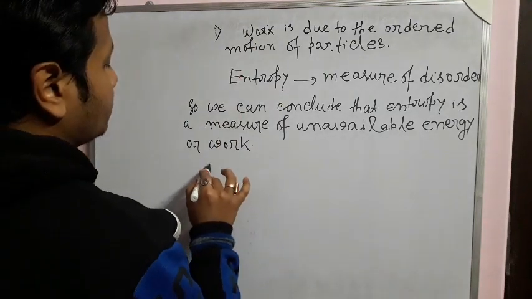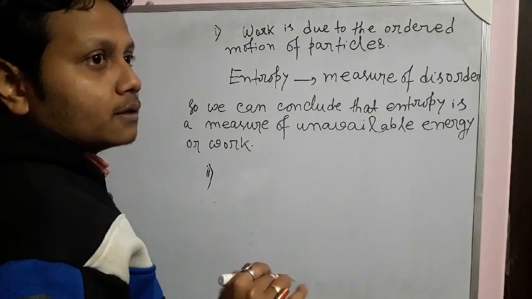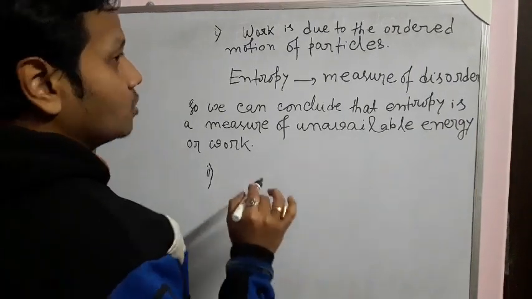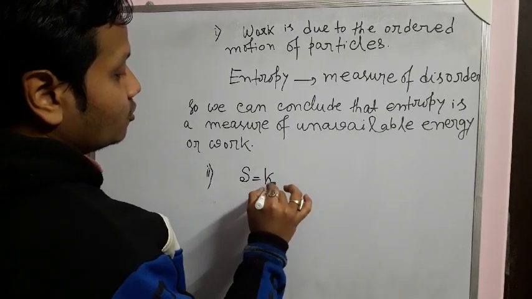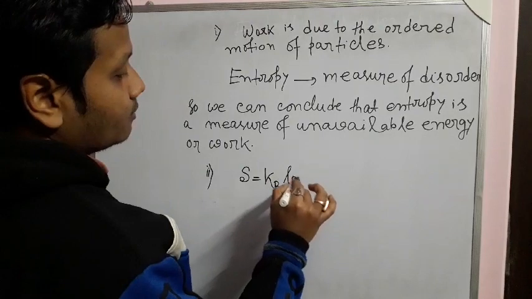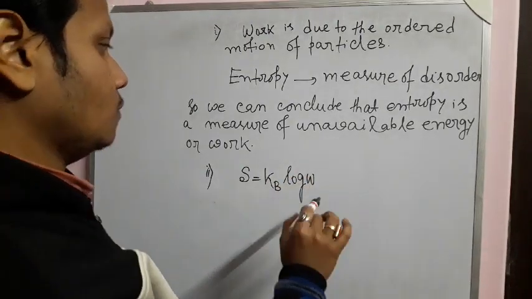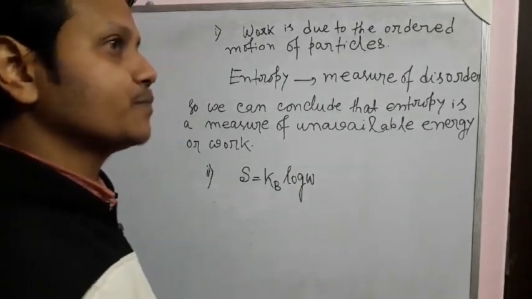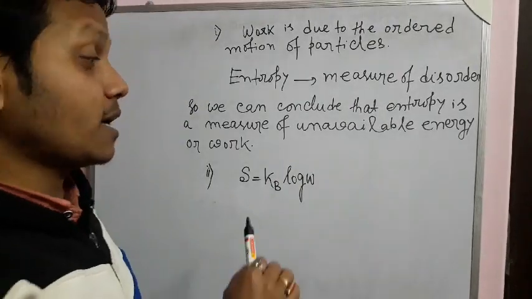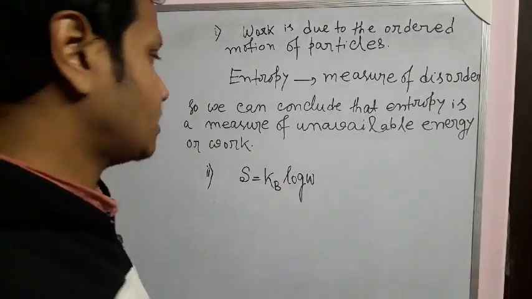And another property is that entropy and probability have a connection between them. We all know that entropy is nothing but the product of Boltzmann constant and the log of thermodynamic probability. We can explain it later: what is thermodynamic probability and what is the difference between thermodynamic probability and mathematical probability, that we will discuss later.